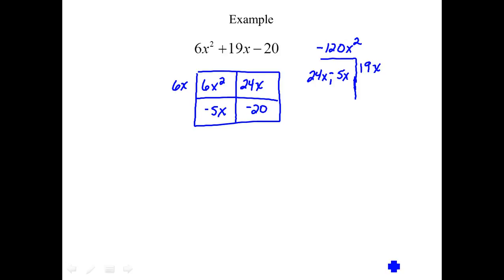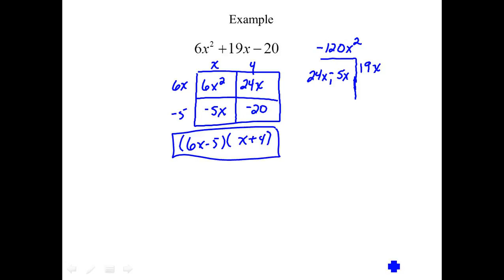The greatest common factor on the bottom 2 boxes is going to be a negative 5. The greatest common factor on the left 2 boxes is going to be an x. And the greatest common factor on the right 2 boxes is going to be, I'm thinking, 4. And here's your answer. 6x minus 5 times x plus 4.